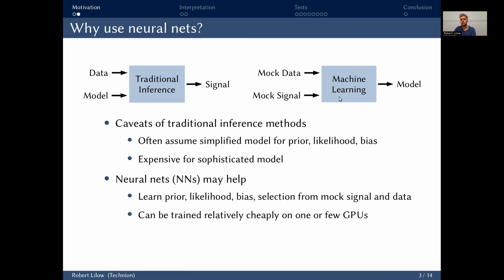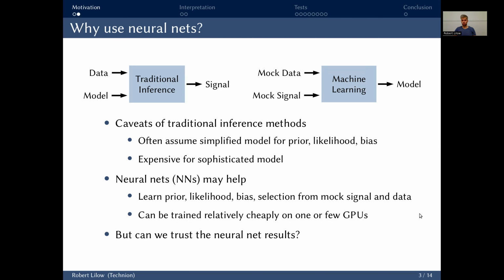Based on these, your neural network parameters are optimized to find the optimal mapping between the two, and while doing this they implicitly learn all your model characteristics like the prior, the bias, etc. So if the input data you use is of sufficiently high fidelity, from simulations matching the correct survey characteristics, you can learn very sophisticated mappings quite easily and efficiently, because the training process doesn't take many resources. In fact, everything I'm showing today was trained within one or two hours on a single GPU.